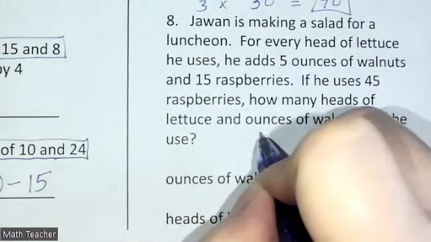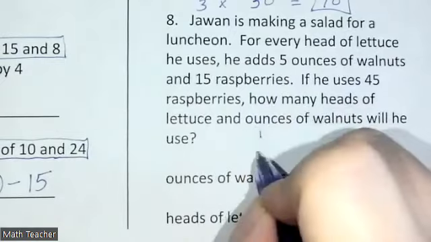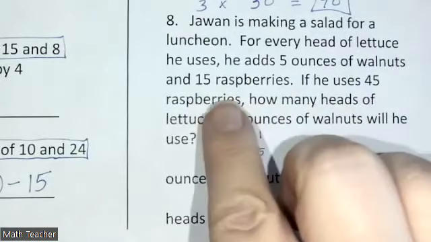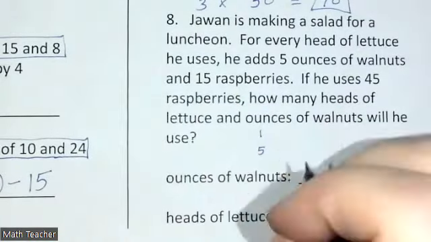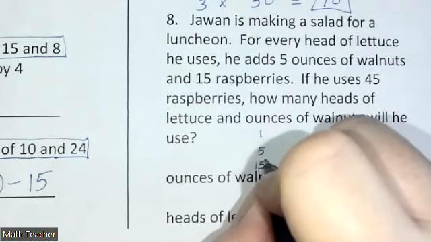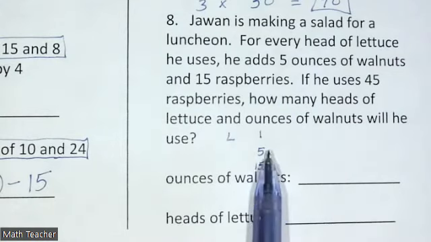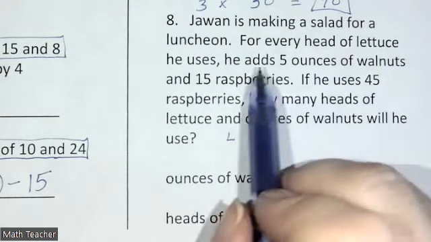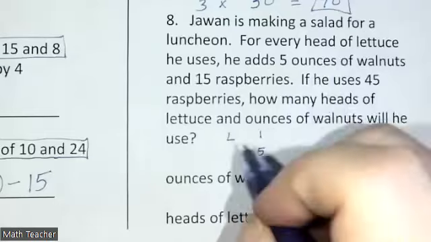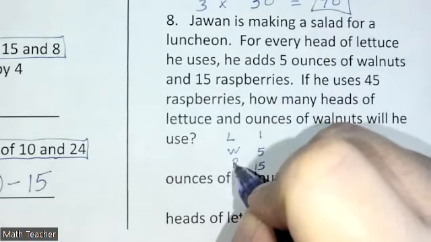So I know that for every 1 head of lettuce, he adds 5 ounces of walnuts and 15 raspberries. So I'm just going to write those 3 numbers down, and I'm going to use L for lettuce, W for walnuts and R for raspberries.